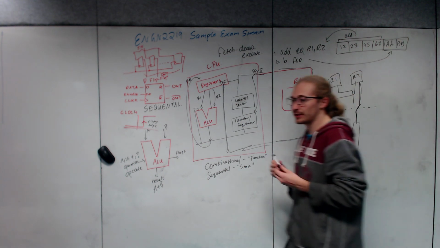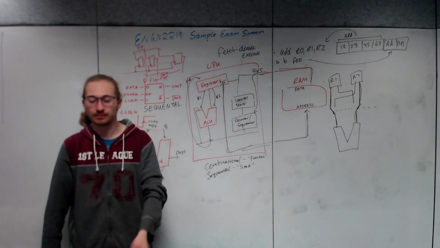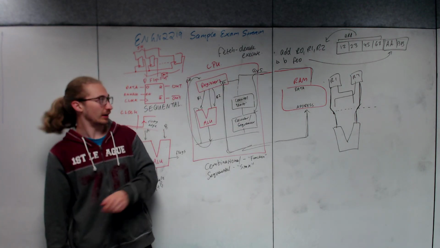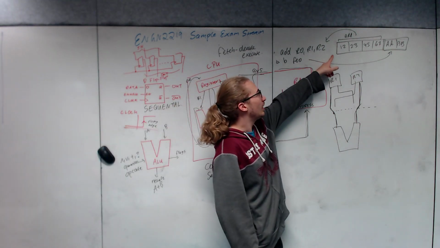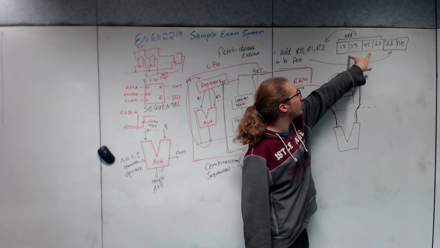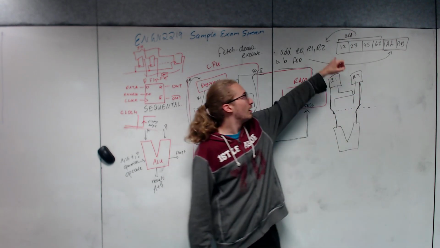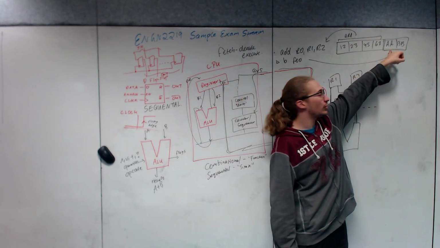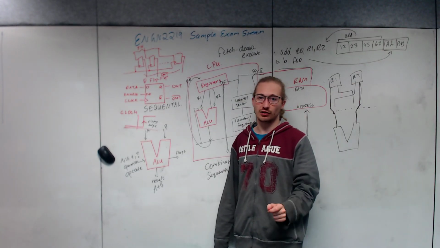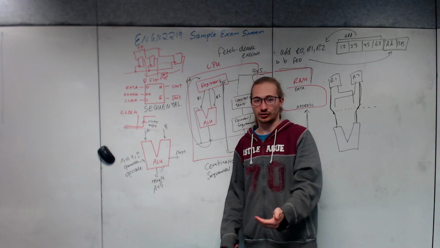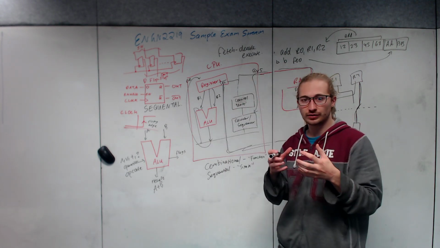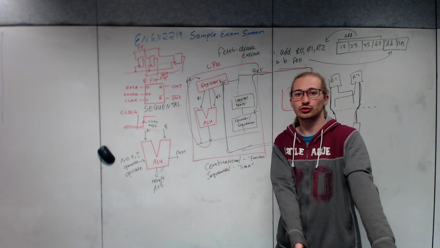So how do I know where the next instruction lives in memory? That's what the program counter will tell me. If I take the program counter and add to it the size of this instruction, usually 4 bytes, sometimes 2 bytes, I will jump to the location of the next instruction and then execute that too. So fetch the instruction, decode what it is, and then do what it tells me to do.